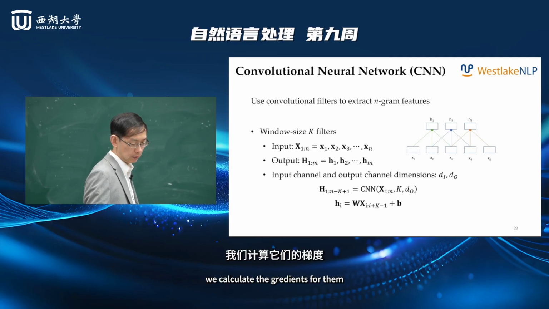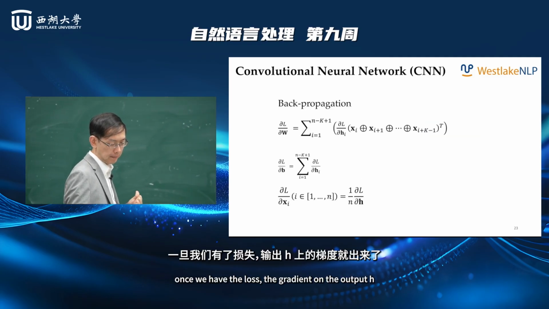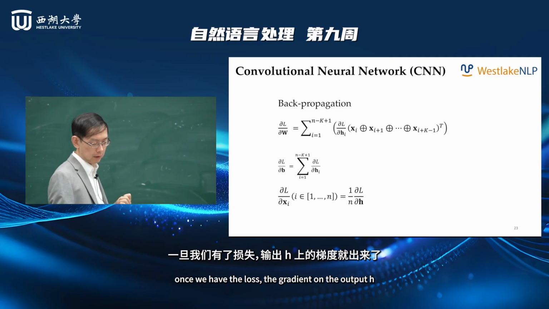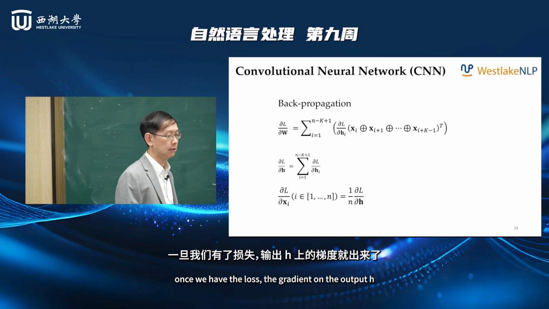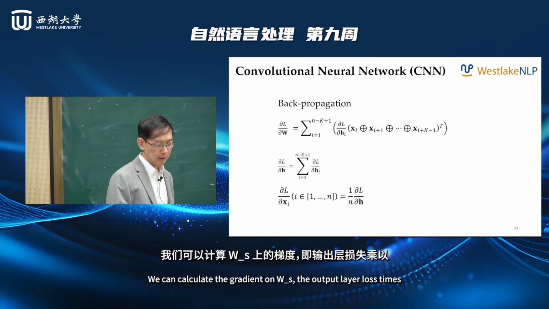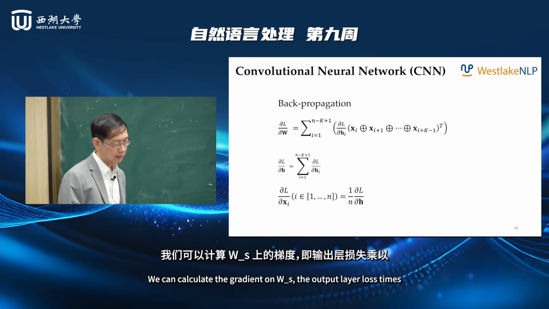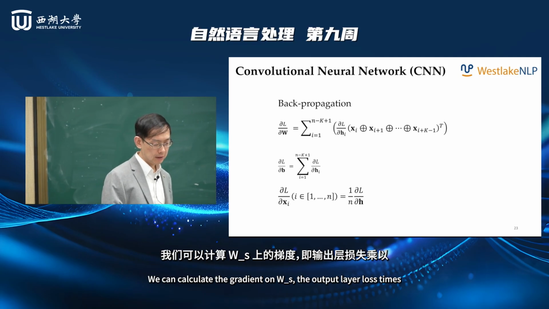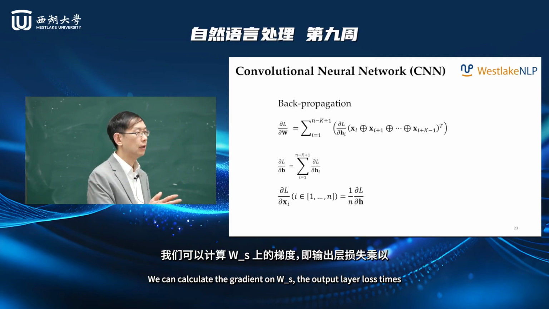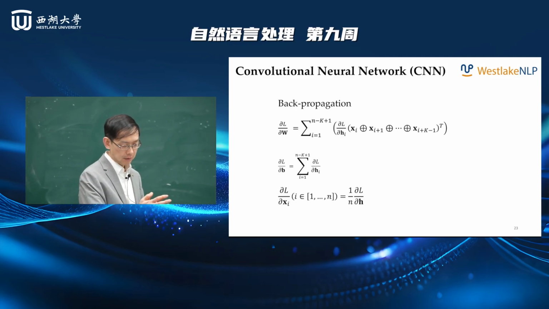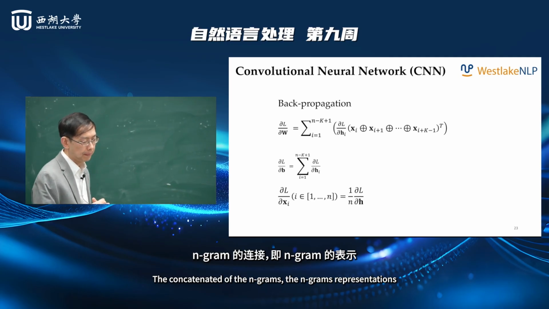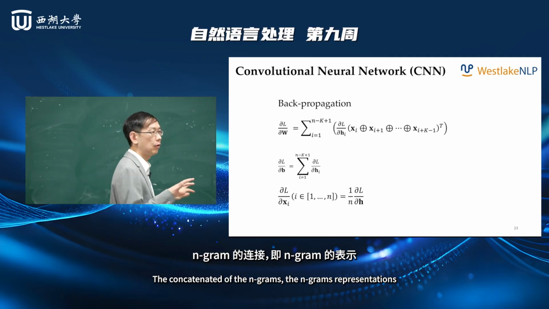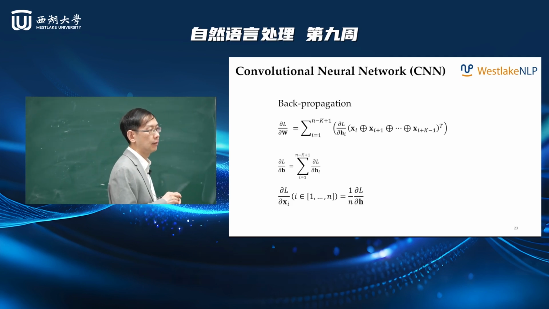So we calculate the gradients for them. Once we have the loss, the gradient on the output h, we can calculate the gradient on W as the output layer loss times the concatenation of the n-gram representations.